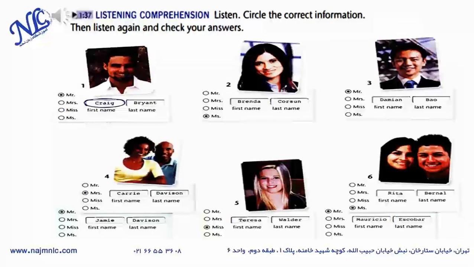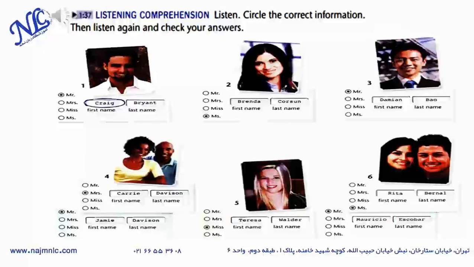Page 14. Exercise 3. Listening comprehension. Listen. Circle the correct information. 1. What's his first name? Circle his first name. 2. What's her last name? Circle her last name. 3. What's his title and his last name?